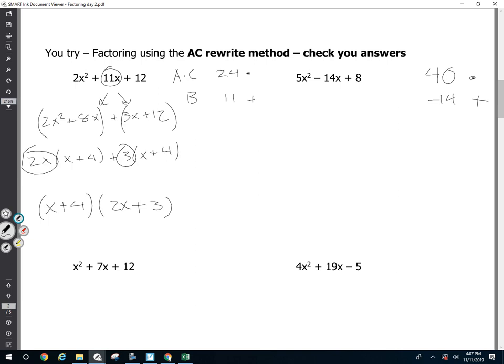Take this middle term, write it as a sum of two different things, plus negative 10x plus 4x, negative 4x.